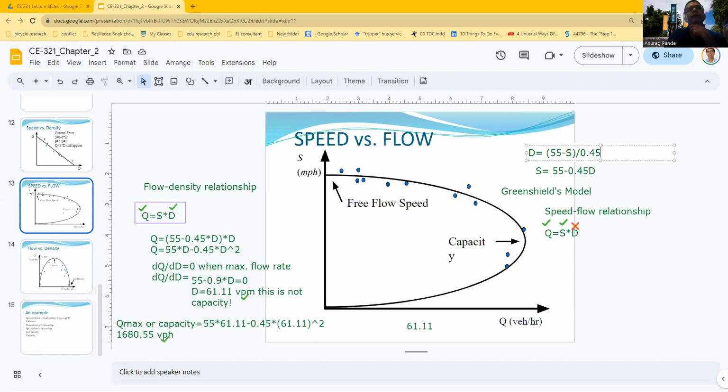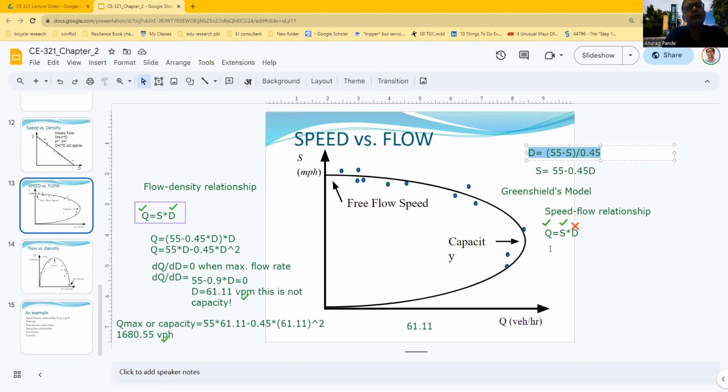Just a manipulation of that, and I get my speed density relationship written so that I can eliminate density from the speed flow density model. I want speed, I want flow, and I don't want density.